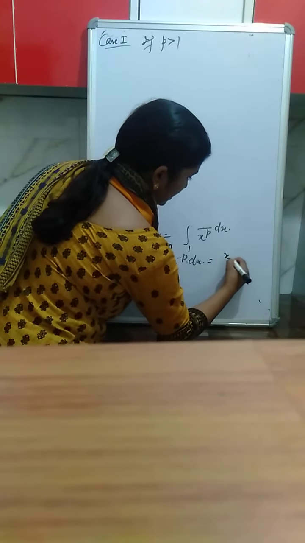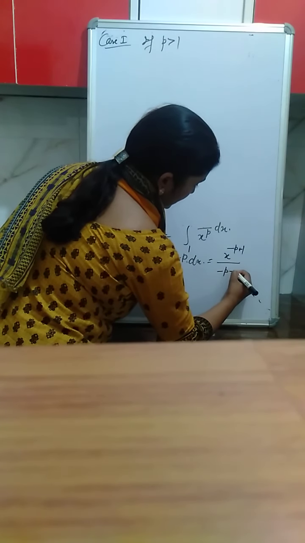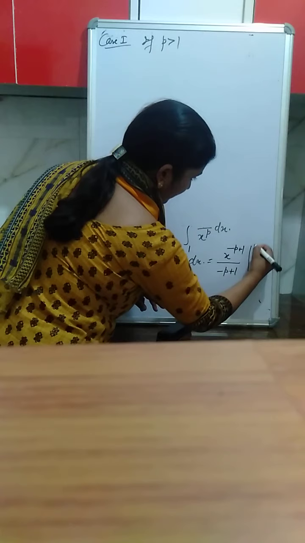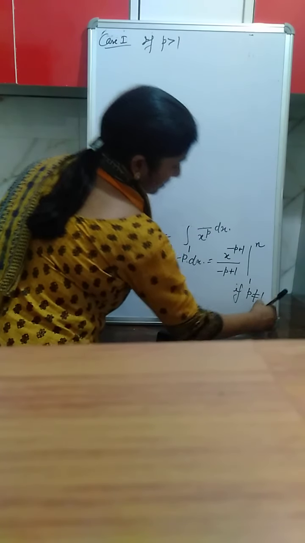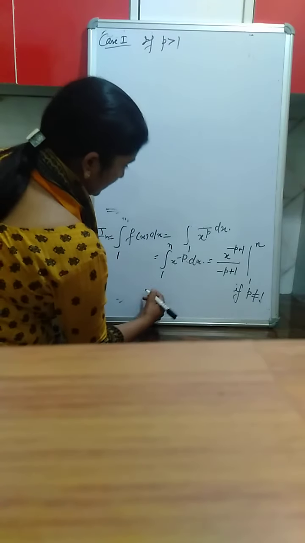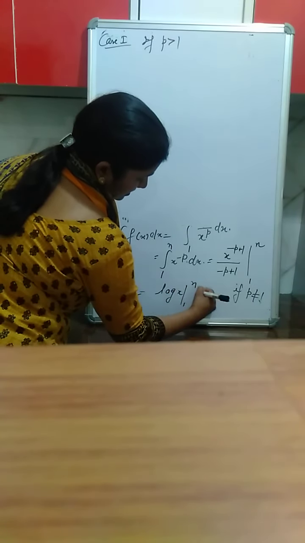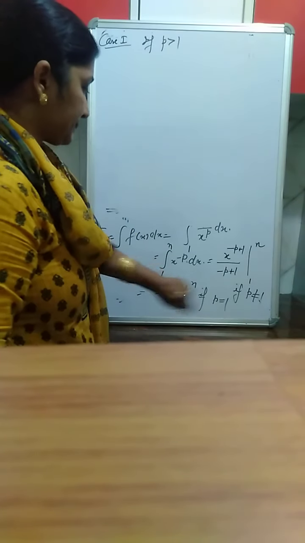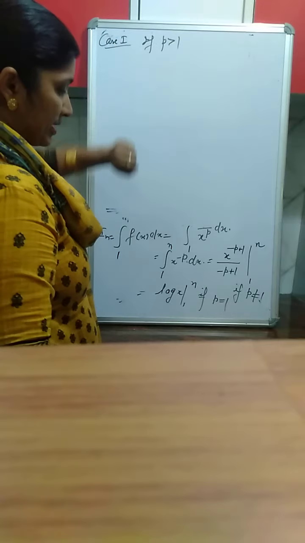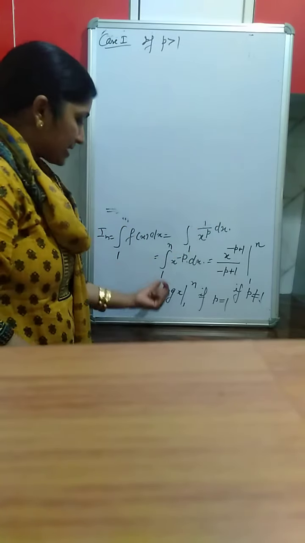This is equal to x raised to the power minus p plus 1 upon minus p plus 1, limit from 1 to n if p is not equal to 1, and this is equal to log x from 1 to n if p is equal to 1. Okay, so if p is equal to 1, then it will be 1 by x, and the integration of 1 by x is log x.